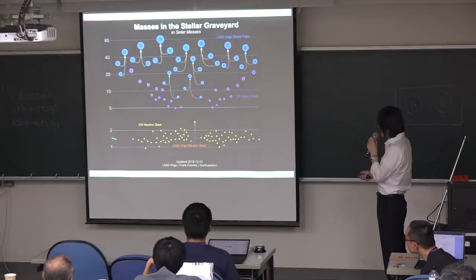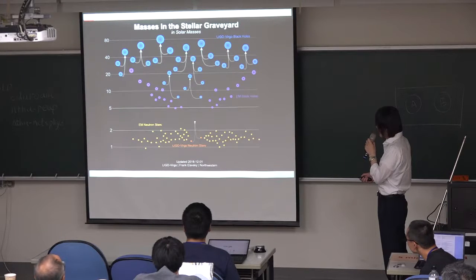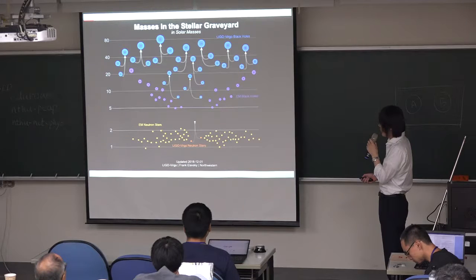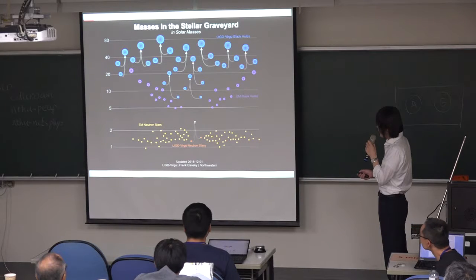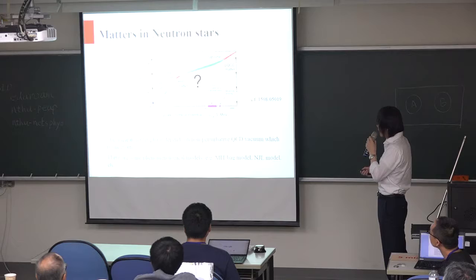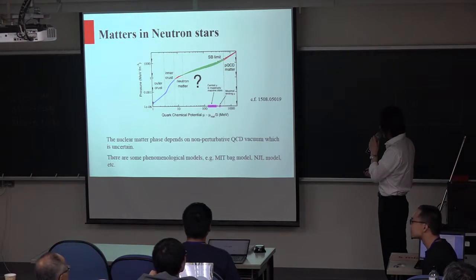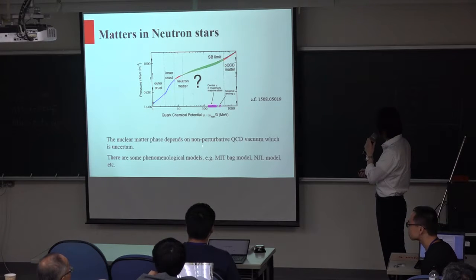So we are interested in these neutron star cases, and by this picture you could see that most neutron stars have masses between 1 and 2 solar masses. And here is the event of these two neutron star mergers.